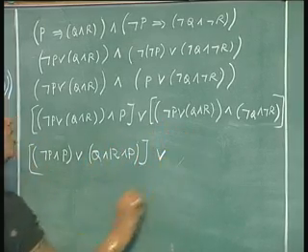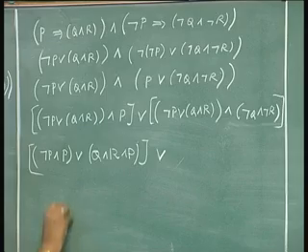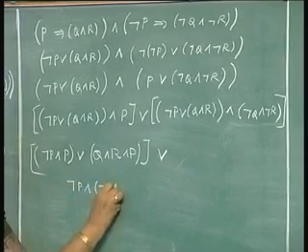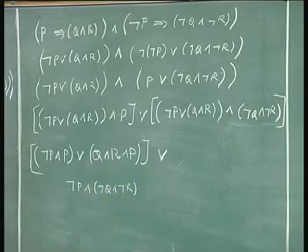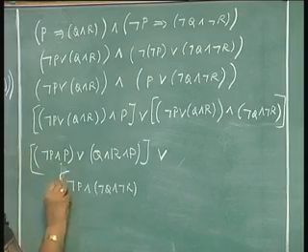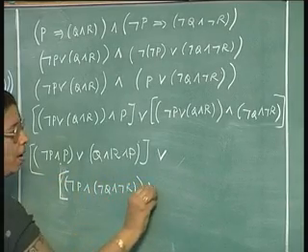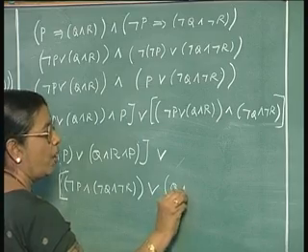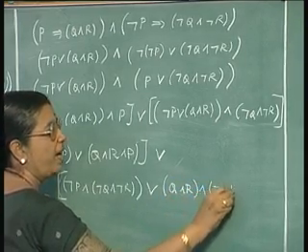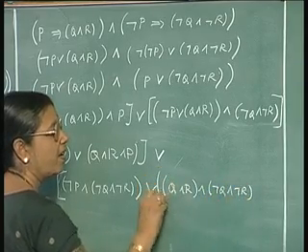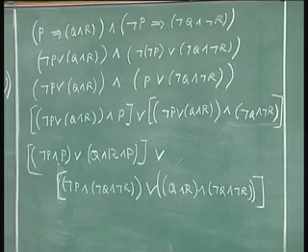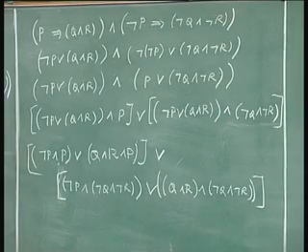or, here again you can use distributive laws, and this will become not P and not Q and not R or Q and R and not Q and not R. We can remove unnecessary parentheses and write it in the proper form.